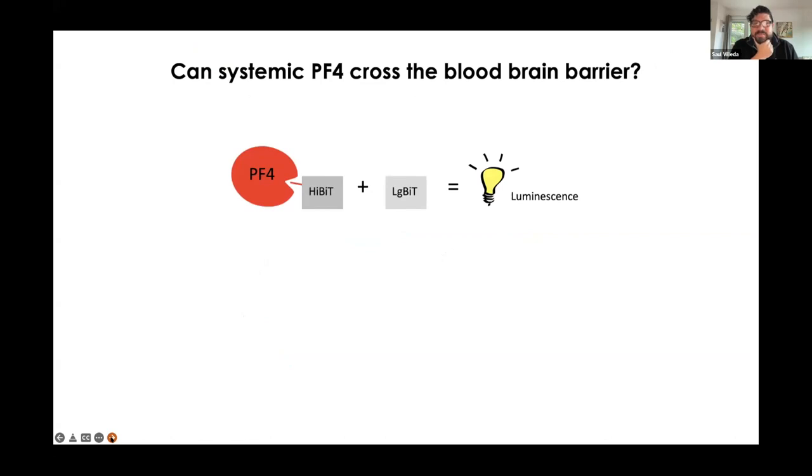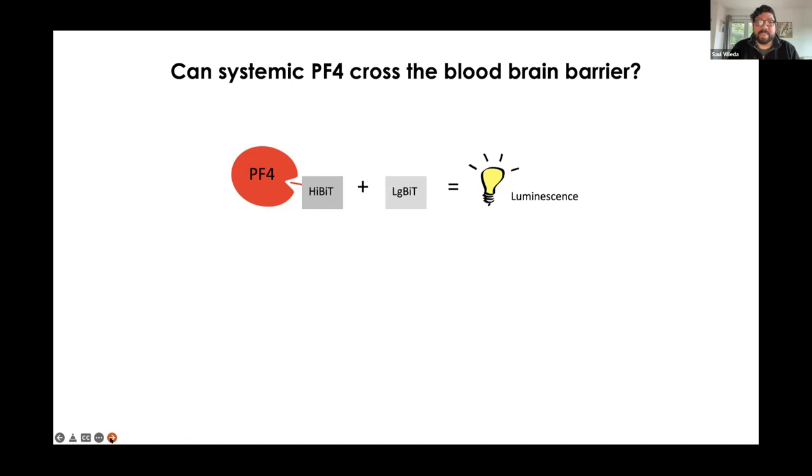The approach we took was to make a form of platelet factor 4 that's tagged with the HiBiT tag, a very small tag that, when exposed to LgBiT, emits a bioluminescent signal. So even small amounts of PF4 can be detected throughout tissues by looking at the bioluminescence.